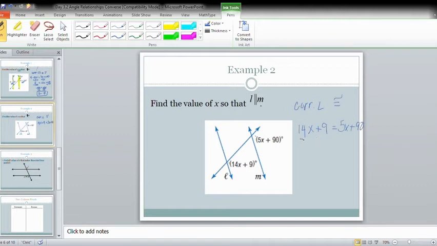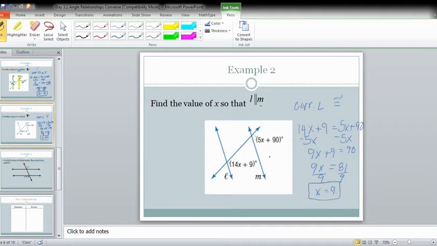Balance our equation, so we'll subtract 5x from both sides. I get 9x over here plus 9 equals 90. Subtract 9 from both sides, giving me 81, and divide by 9. So x equals 9.